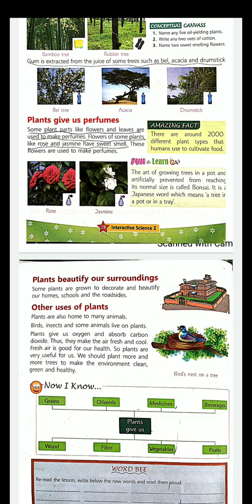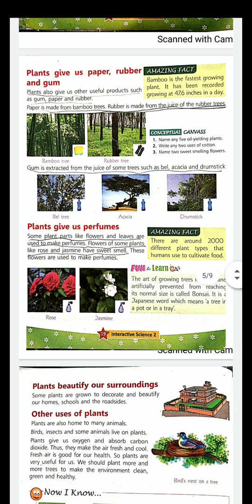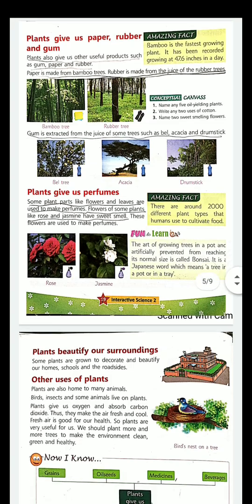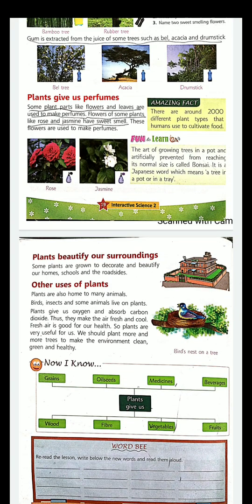So today what we studied is that plants give us perfumes, from roses and jasmines. Plants with such flowers give a nice smell, and they are processed and perfume is made from them. Then plants add beauty to our surroundings. Different types of plants are used to decorate the area. Plants are home to many birds and animals.